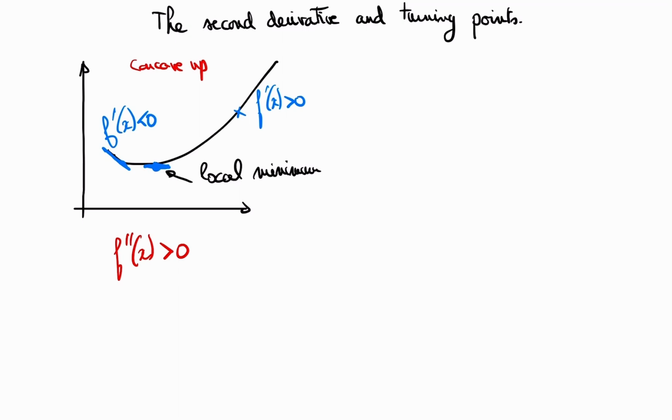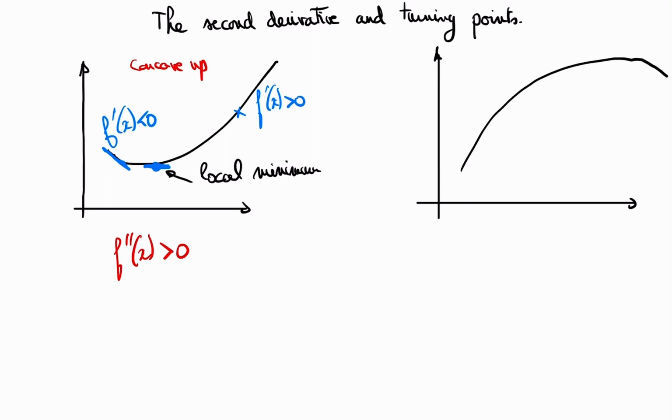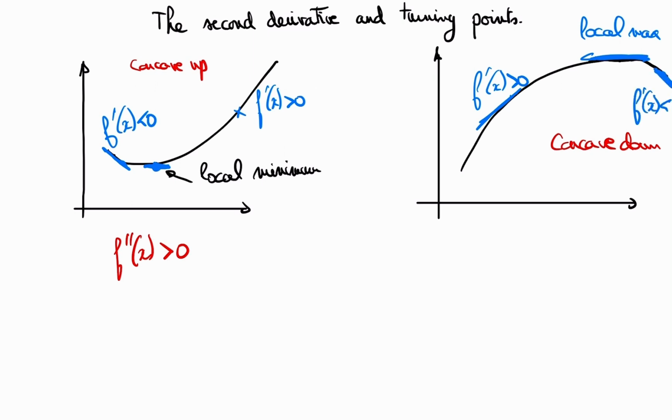Whereas we can have another situation which is like this, where we have a curve which is concave down, and here we have a local maximum, and here we have f prime of x which is positive, whereas here f prime of x is negative.